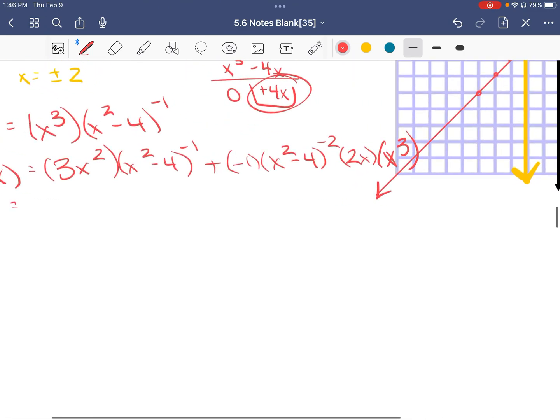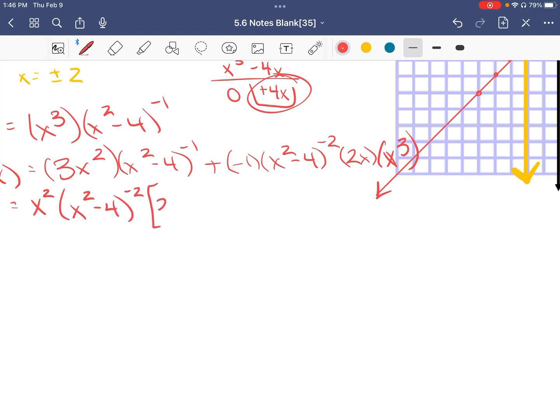So simplifying, what does that look like? We're going to take out a common factor of x squared and of x squared minus 4 to the negative 2.